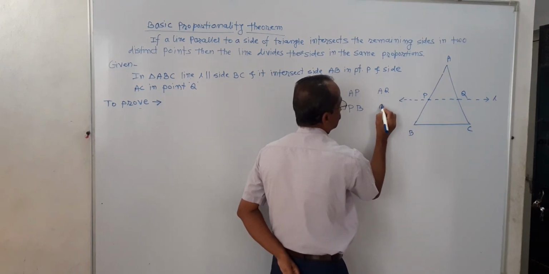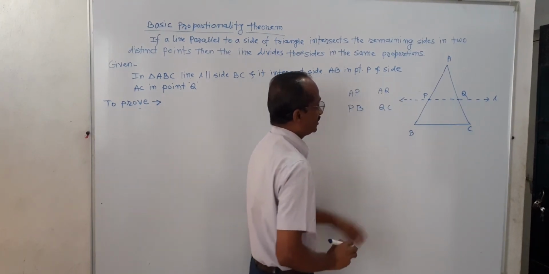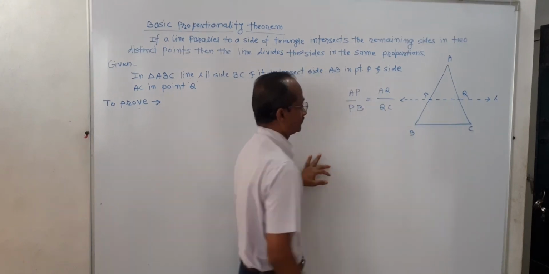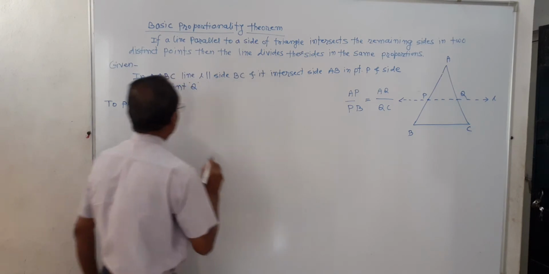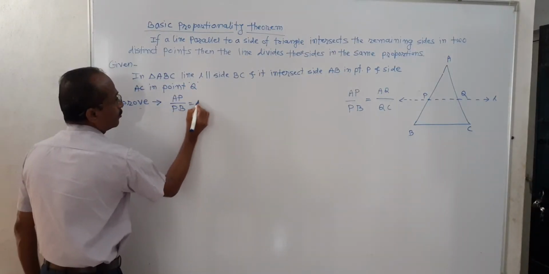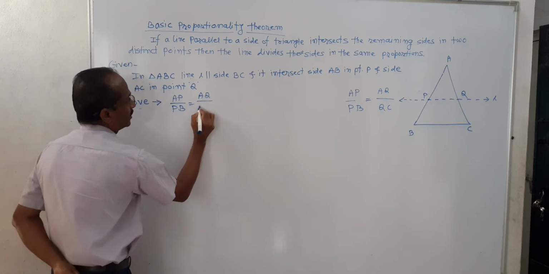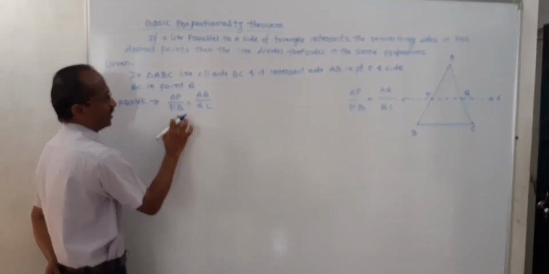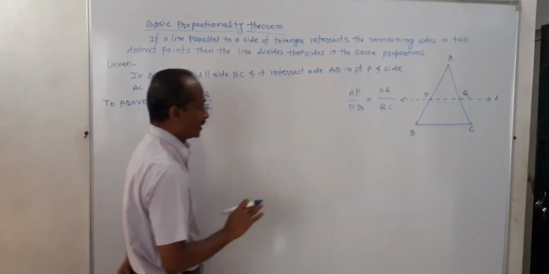AQ and QC. Now the ratio of these parts are in proportion. Therefore, we have to prove that AP by PB equals AQ by QC. So this is our aim.